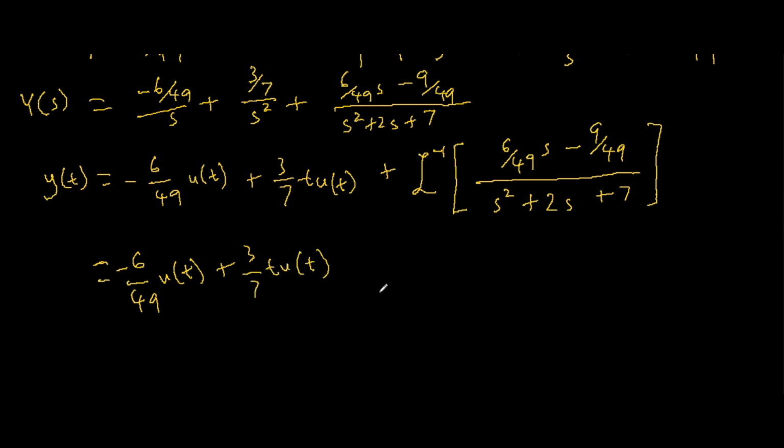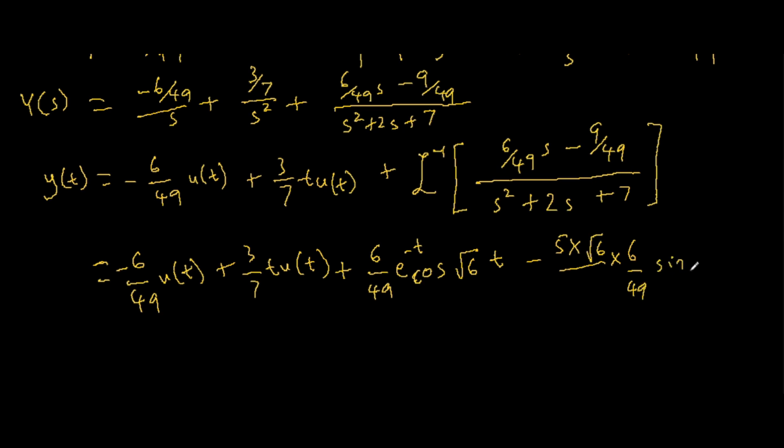And then here you have 6 over 49, I think it was 6 over 49, multiplied by the exponential of negative t, cosine of the square root of 6 multiplied by t. Then I think it was minus, if I remember well, it was 5 times root 6 over something multiplied by 6 over 49.